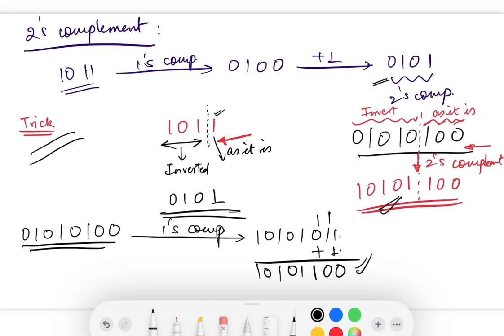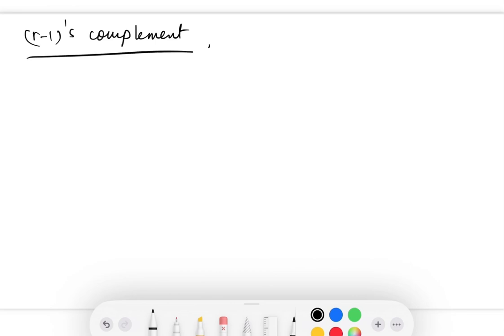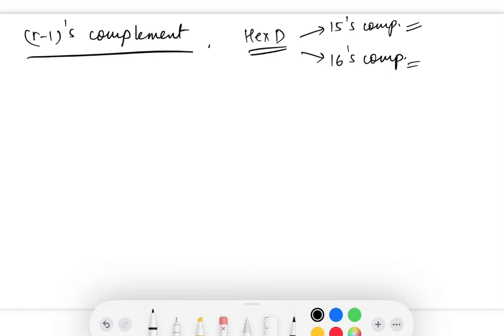Okay, so you have learned 9's complement, 10's complement, 1's complement, 2's complement. If we are talking about the hexadecimal number system, you need to calculate r minus 1's complement, which means 15's complement, or r's complement, which is 16's complement. Two complements will be there, r minus 1 and r's complement.